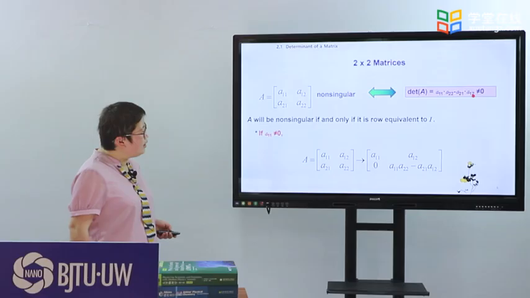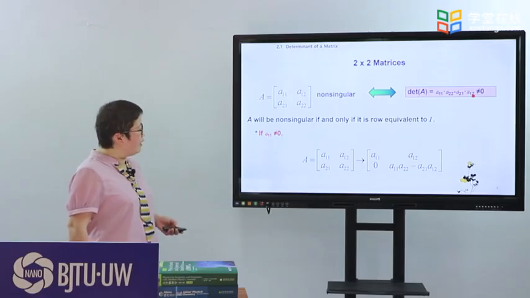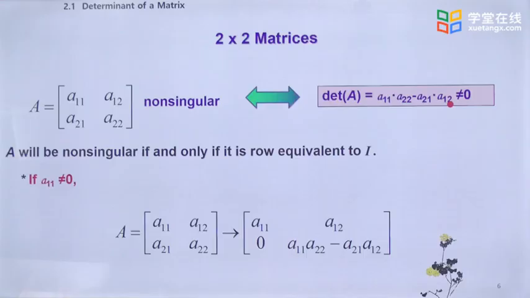You can see that A is non-singular if and only if A11 times this term does not equal 0. Here, A11 is already non-zero, so A is non-singular if and only if A11 times A22 minus A21 times A12 does not equal 0.